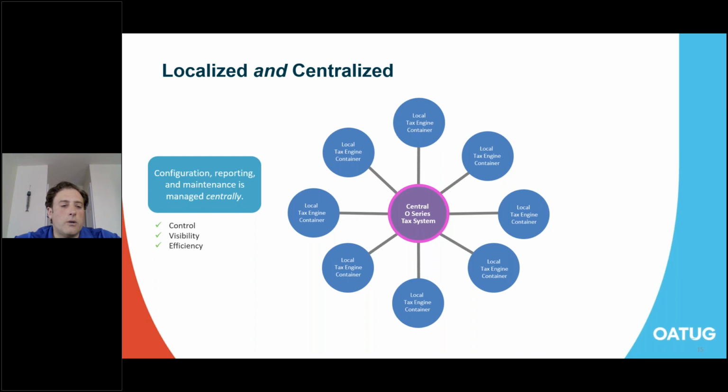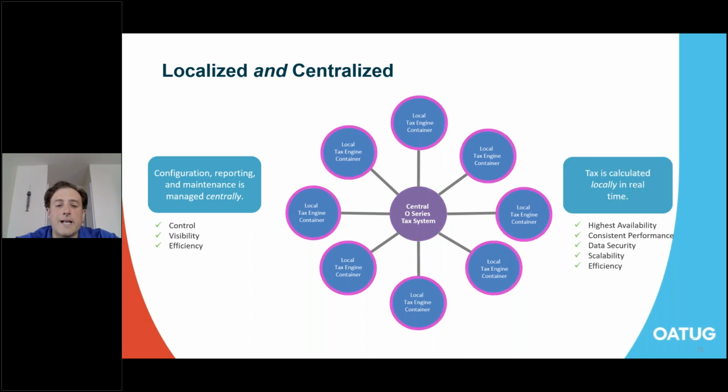So our O Series software, where your tax department can configure, report, and maintain the customized tax policy that you're probably paying them a lot of money to create to keep the company compliant and to make sure that you don't get sued by a jurisdiction for lack of tax compliance, is all still there inside of the central O Series tax system. That's what it was created for.